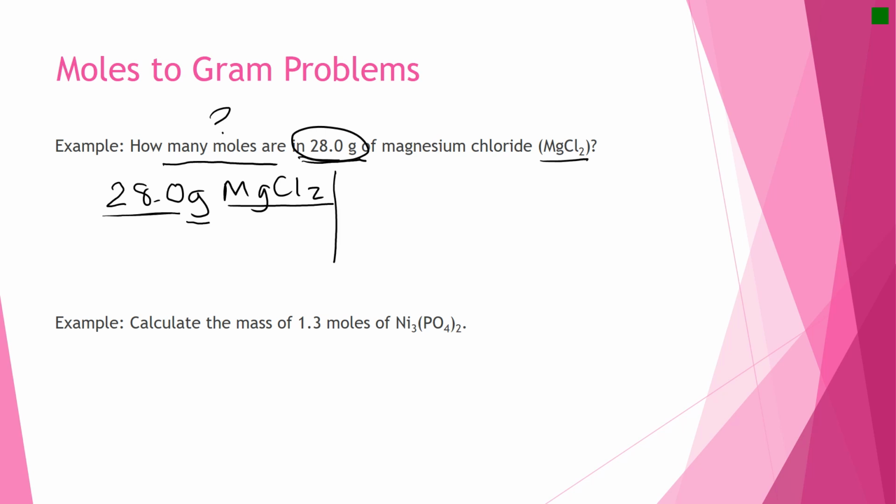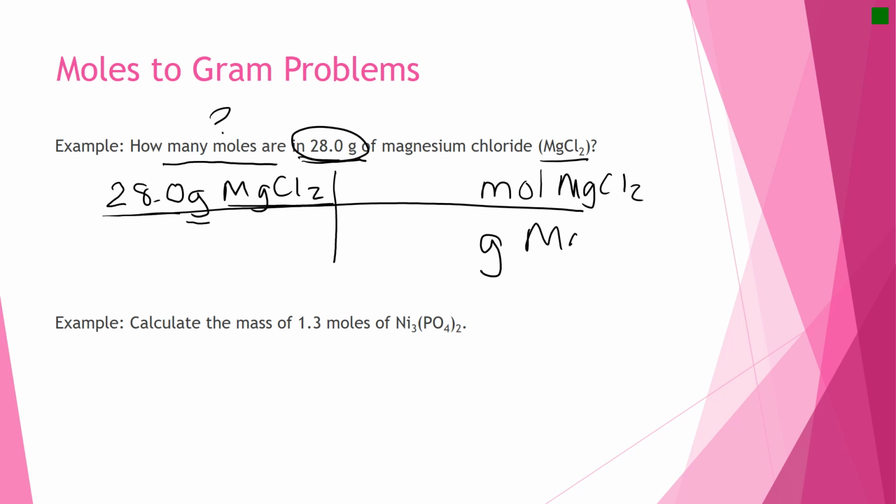Okay, we're going to set up our lovely chart. Then we're going to put grams on the bottom so that my units will cancel, and I can go directly from grams to moles. I'm going to write MgCl2 and MgCl2, and I know that it's 1 mole. What I don't know is the molar mass of MgCl2.